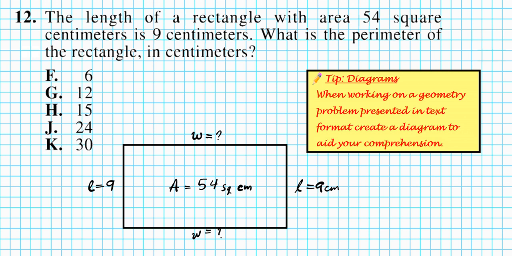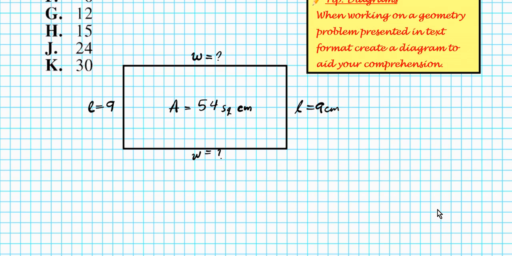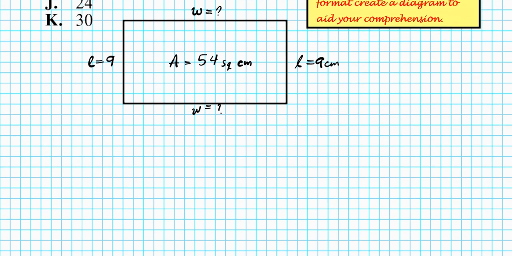In order to solve this problem, we're going to be writing down some basic geometry formulas concerning the area and perimeter of a rectangle. Why are we focusing on those formulas? Because it talks about area here and perimeter also. This is ultimately what we're looking for, the perimeter. So let's write down some formulas real quick. The first formula we're going to write down is the area formula.